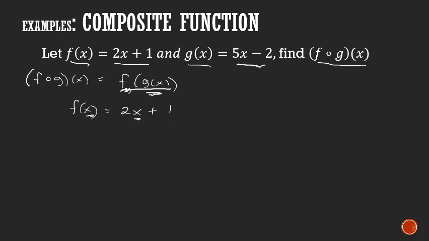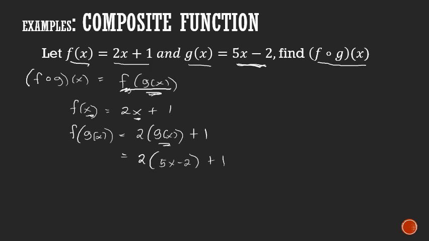Therefore, we have the f of g of x equals 2 times the g of x plus 1. And the g of x is the 5x minus 2. Therefore, we have 2 times 5x minus 2 plus 1. Distribute the 2 inside the parentheses.